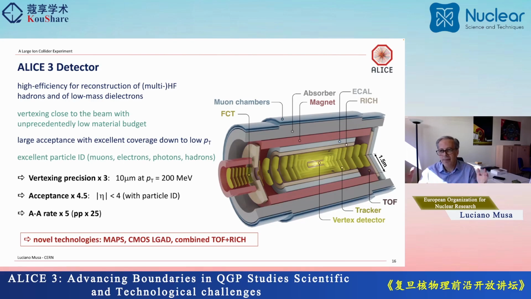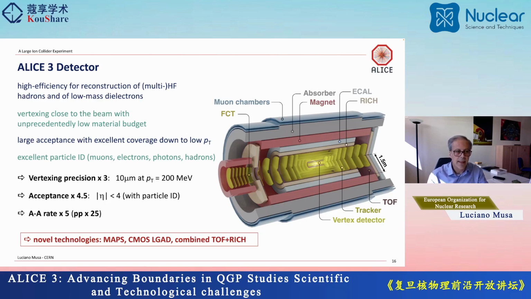As I said, the program is much broader, but when developing the detector layout and concept, these were the two main drivers. Okay, and I will show this a little bit, but essentially all this calls for unprecedented precision in the measurement of the primary and secondary vertices.